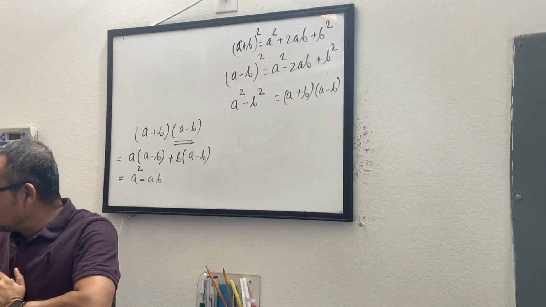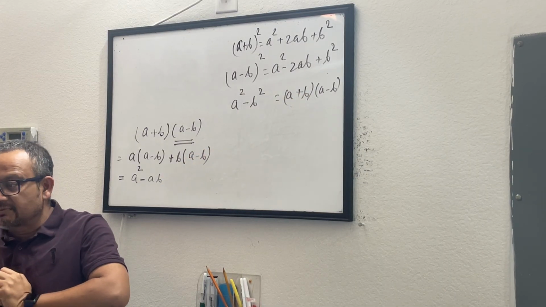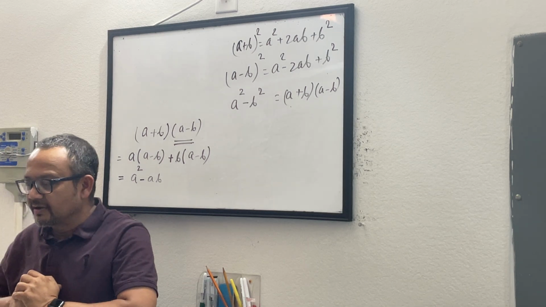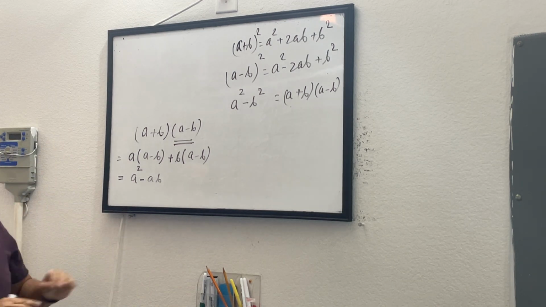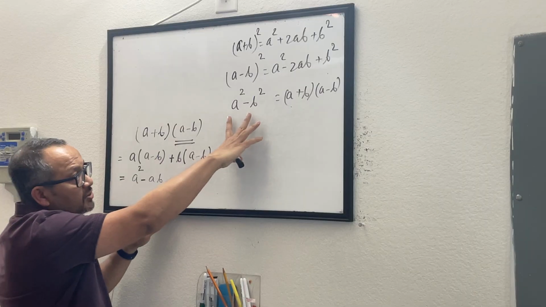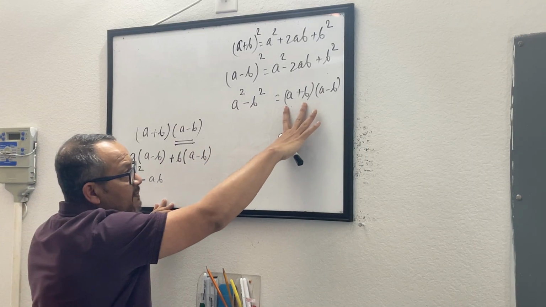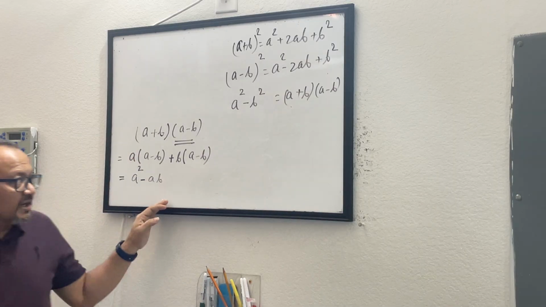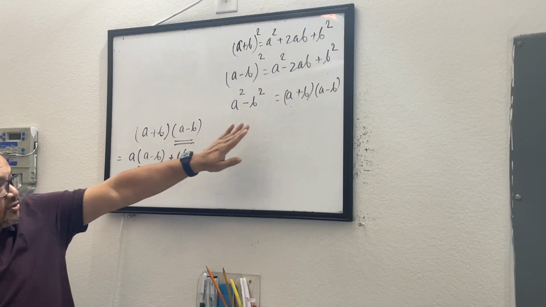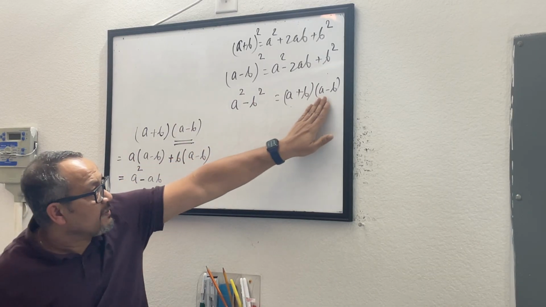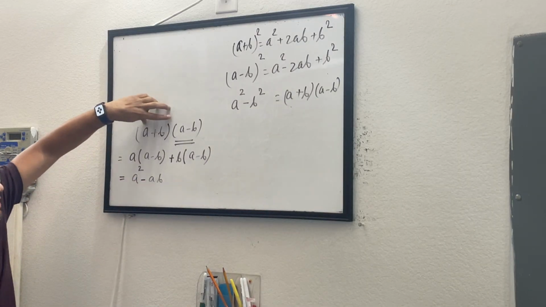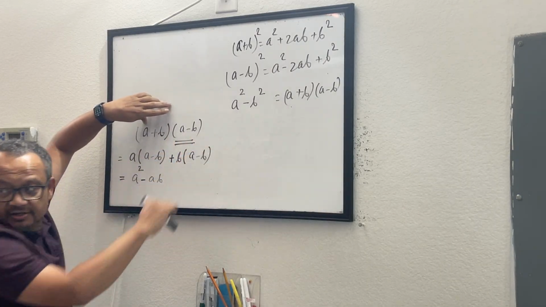Are you guys comfortable with what I'm saying? Do you remember? Yeah. Okay. Now, the third formula that I am introducing to you guys is a square minus b square equals a plus b times a minus b. That is what we are trying to do. So, I took a plus b times a minus b and I am trying to find out if that is equal to this or not.